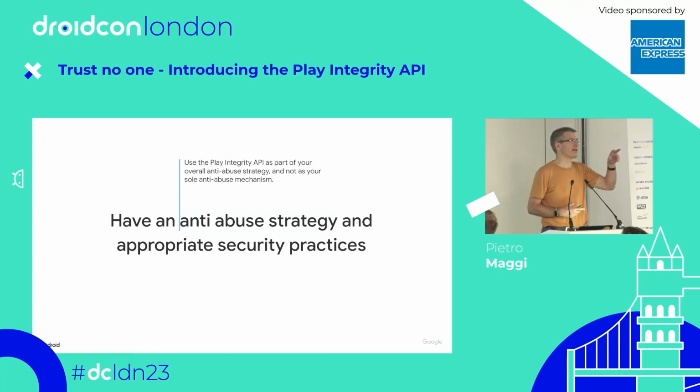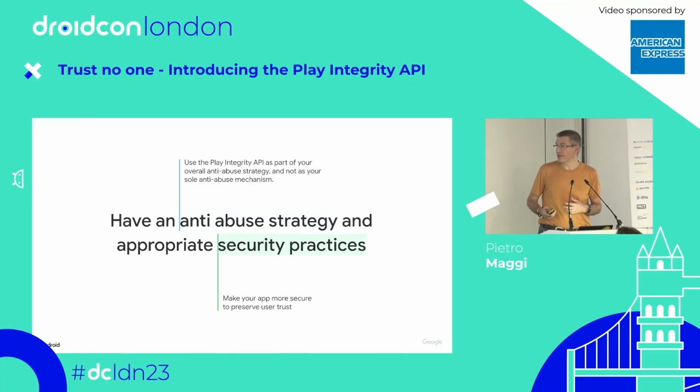In these 2 days, there are different companies with booths talking about security and how to protect applications, and all of them are using different signals. The Play Integrity API is one of the possible signals that you have to guarantee that what is hitting your backend is a real device and a real user.